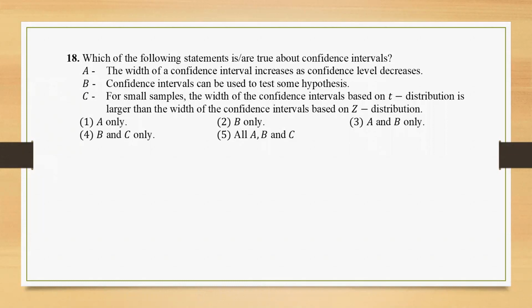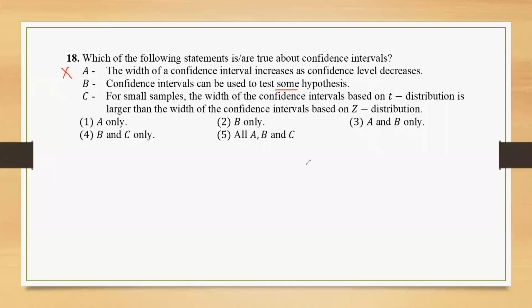Normally, when the confidence level decreases, the width of the confidence interval also decreases. So that is the relationship between width of a confidence interval and the confidence level. So therefore, first statement is incorrect. Then the statement B, confidence intervals can be used to test some hypothesis.